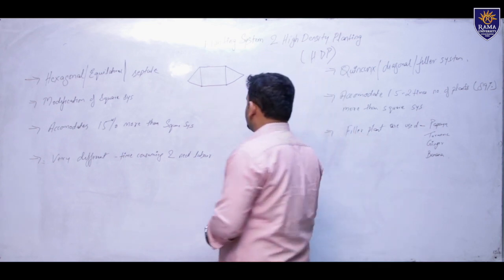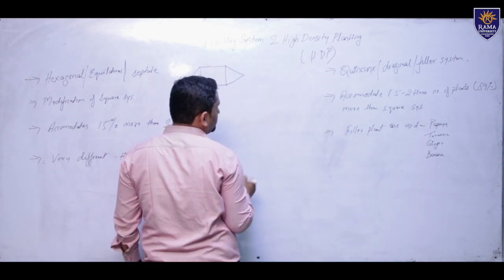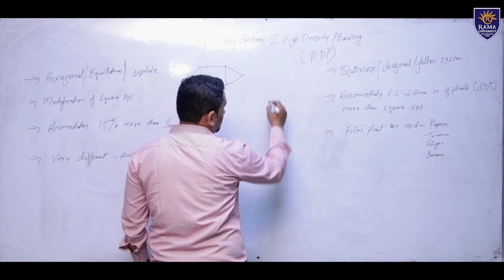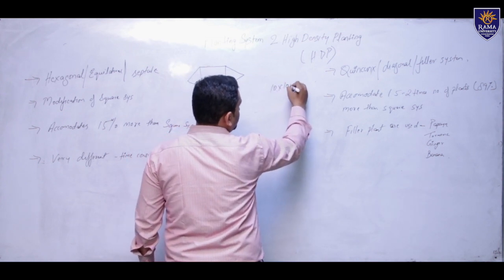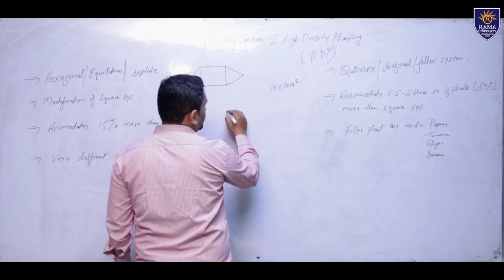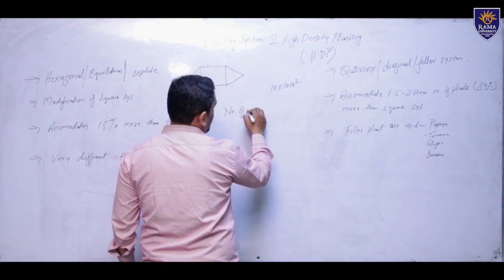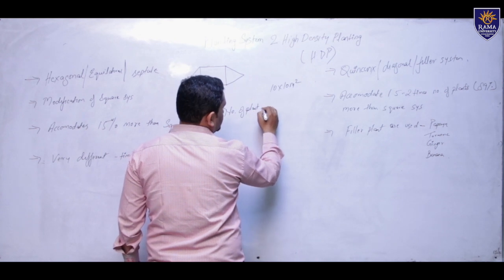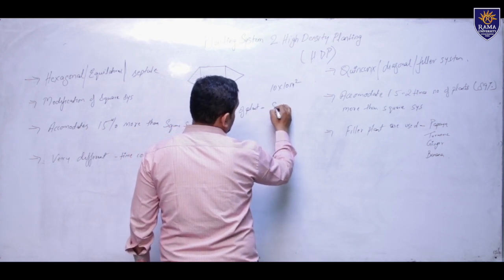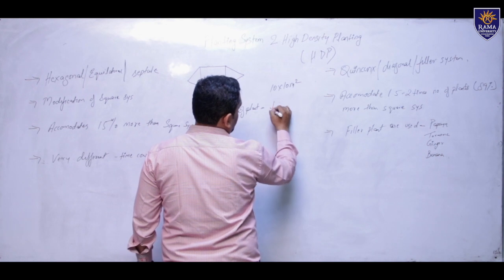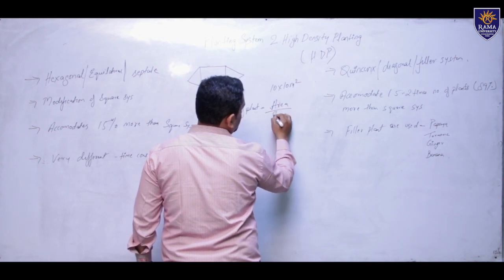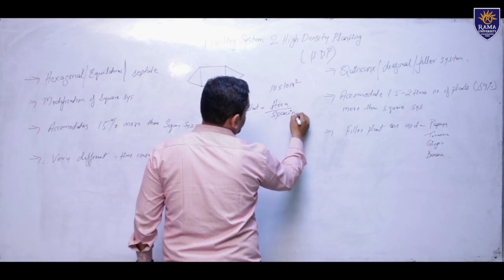How? I will tell you. If in the normal planting of mango, the distance is 10 by 10 meter square, then from the formula, number of plants is equal to area upon spacing.